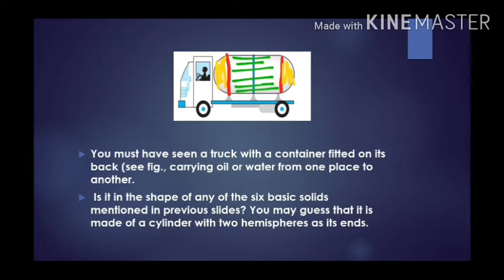That means this tank is a combination of a cylinder and two hemispheres. You may guess that it is made of a cylinder with two hemispheres at its ends. That is, it is a combination of solids. The solids are a cylinder and two hemispheres.